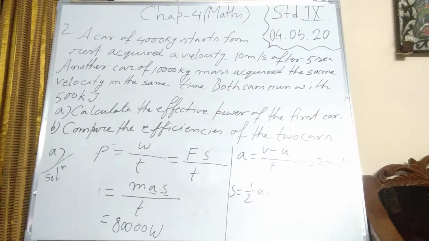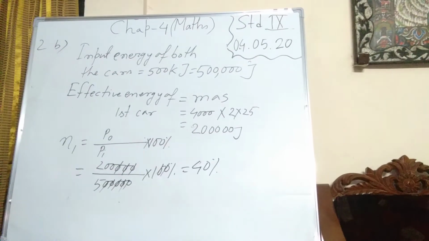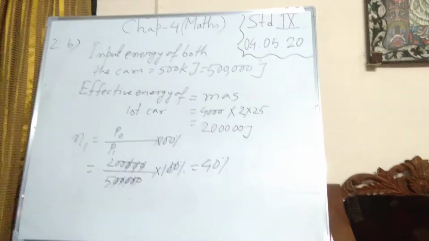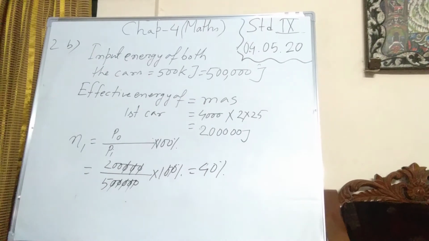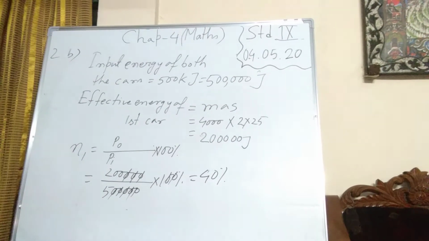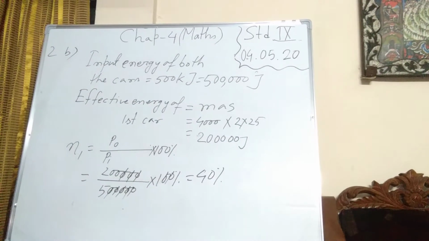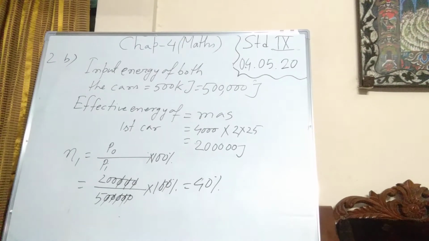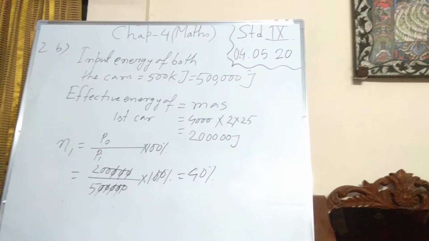Do you understand? Now I will show you part (b). In part (b), compare the efficiencies of the two cars. The mass of both cars is given, and we have found out that the acceleration of both cars is the same, 2 meter per second square, and displacement equals 25 meter.